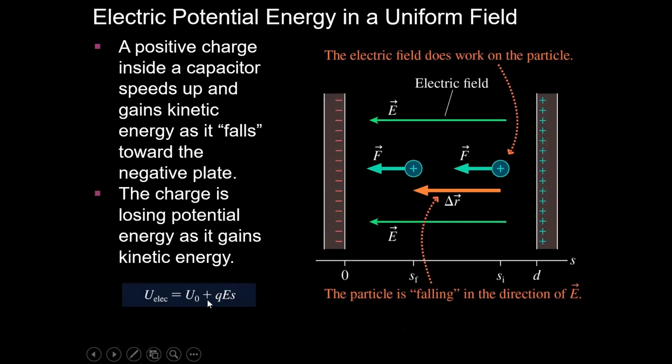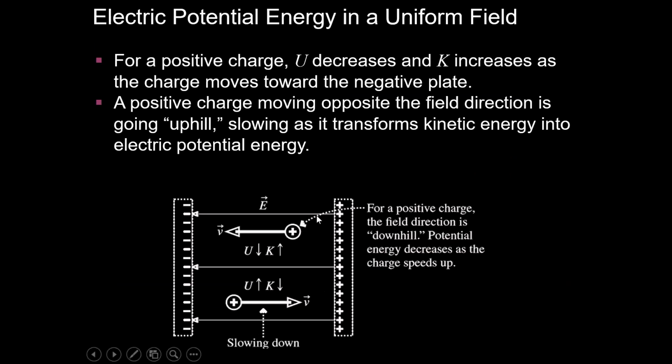And just like gravity, you can have the zero of the potential energy wherever you like, and you can actually graph what that is for a positive charge. What's interesting about gravity, though, is this: if the positive charge is pushed, if you apply a force so it starts moving toward the positive plate, its potential energy increases and its kinetic energy goes down.